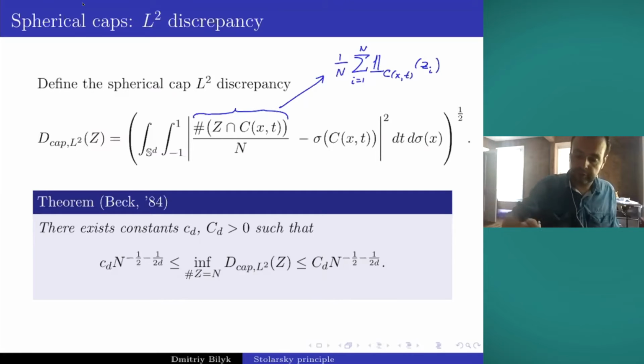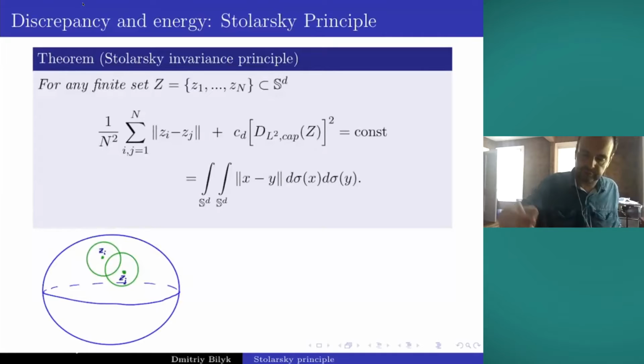In particular, you can replace this expression by the sum of these characteristic functions. When you square out, you get pairwise products of such characteristic functions. So what does it really give you? You will have two spherical caps centered at two different points of your set, and then you integrate.